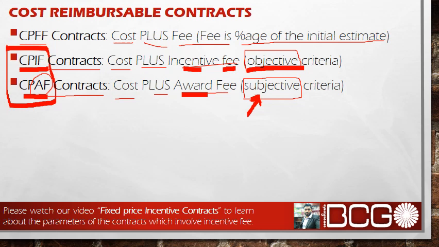There is no criteria, or calculation we can do for this situation. So the only difference between the two types of contracts is, in CPIF we have an objective criteria based on which the incentive fee is calculated, while in case of CPAF contracts we have a subjective criteria, and you cannot calculate the performance of the supplier in this particular type of contract.